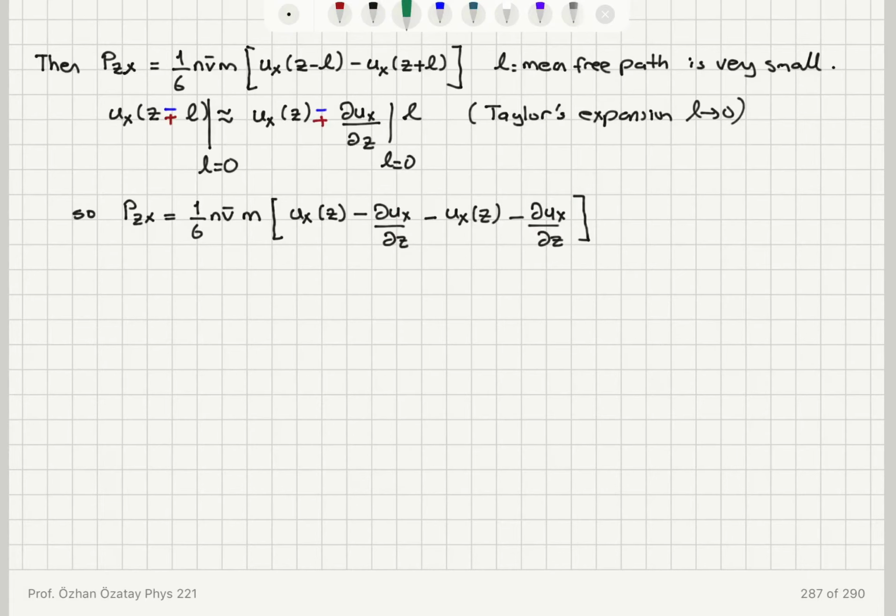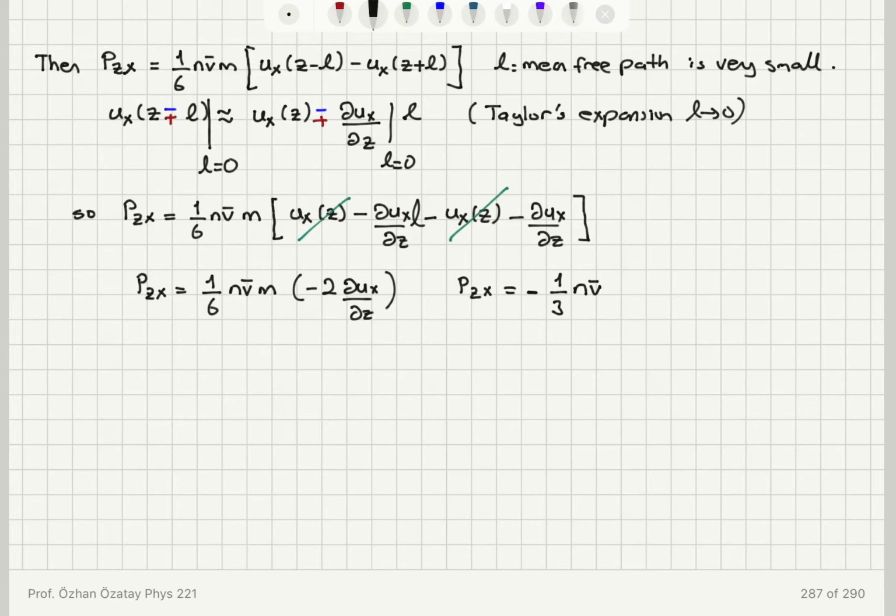It is the ux of z that disappears. So for the tangential stress, Pzx is 1 over 6 n v bar m times minus 2 del ux del z. So this is going to give us, as the final answer, minus 1 over 3 n v bar.